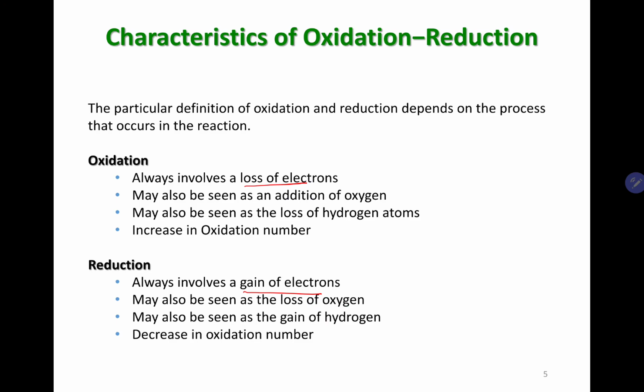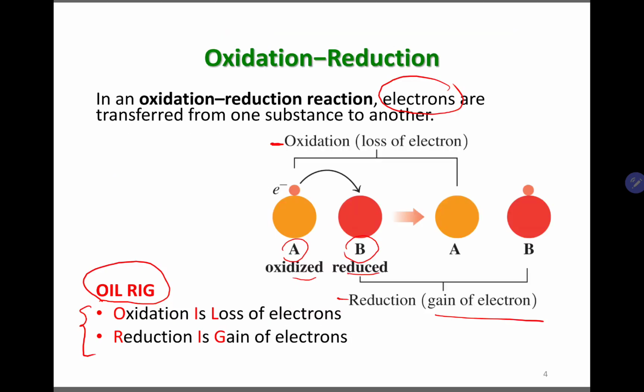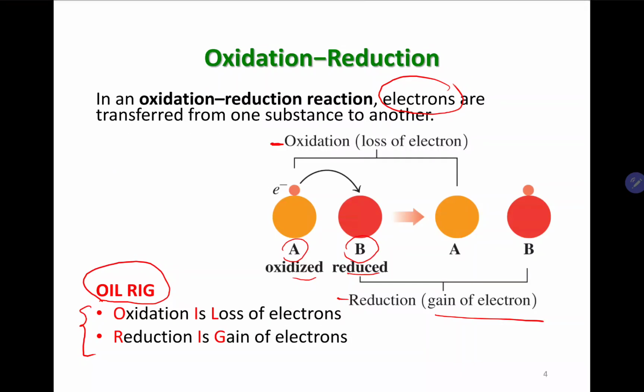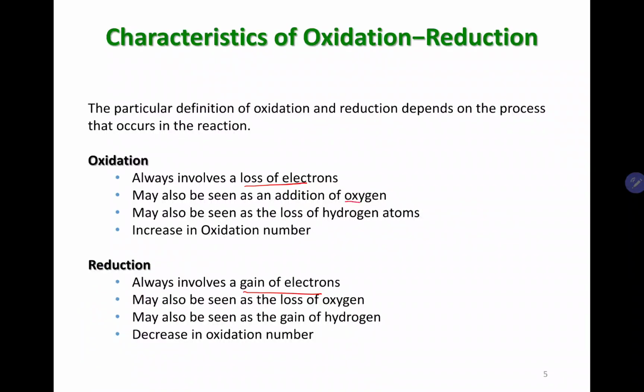So one such way to identify the species that is going through oxidation, or the oxidation itself, is the atom oxygen. So basically, during oxidation, you add oxygens. If you are adding oxygens to a reactant, that is oxidation. Reduction being the opposite, it should lose oxygens.